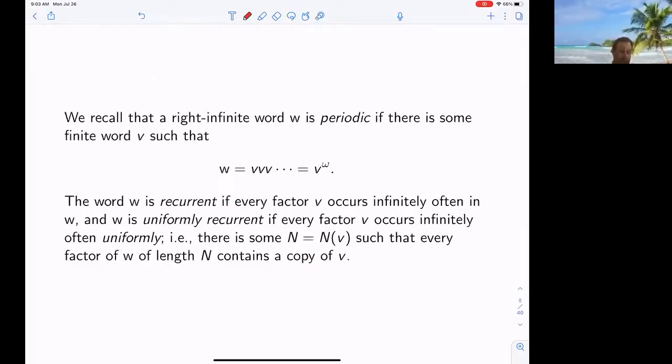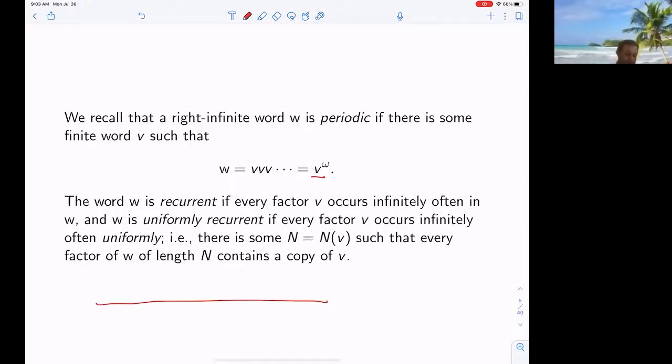And for the purposes of this talk, I'll just recall some of the basic definitions. A word is periodic if it's of the form b to the omega, so there's some n such that when you go n to the right, you're the same letter as you were n before.